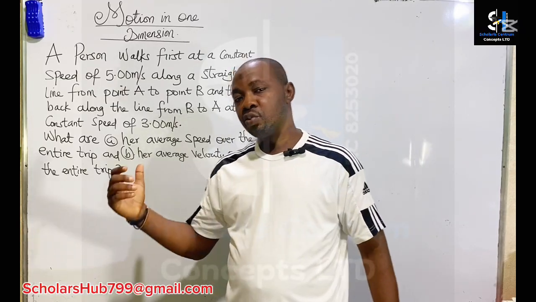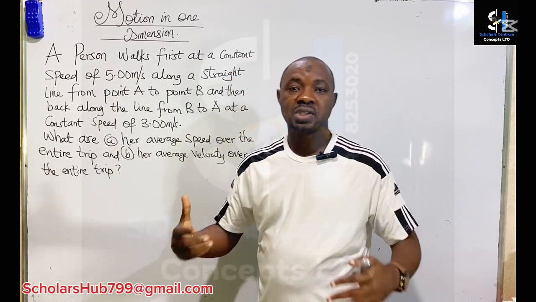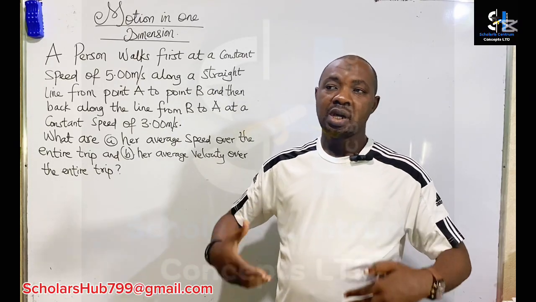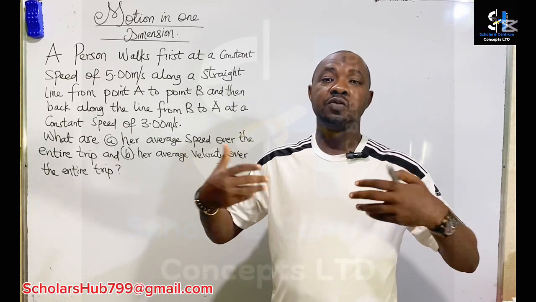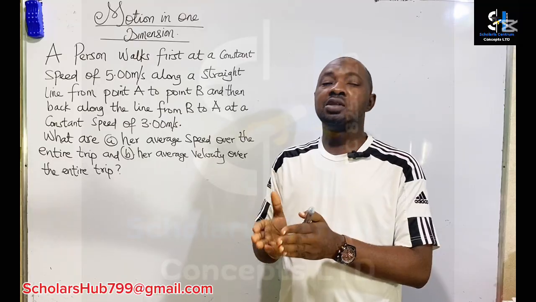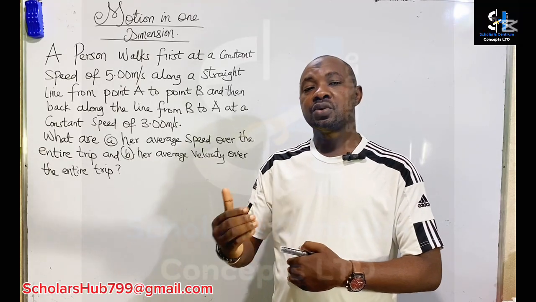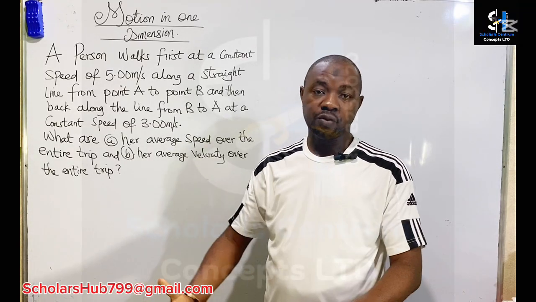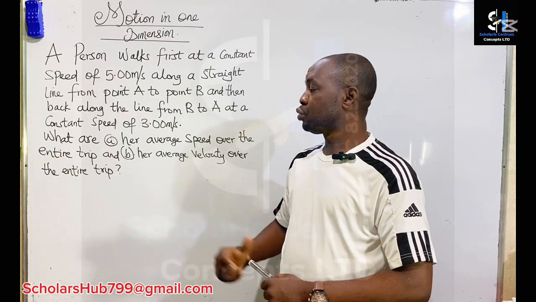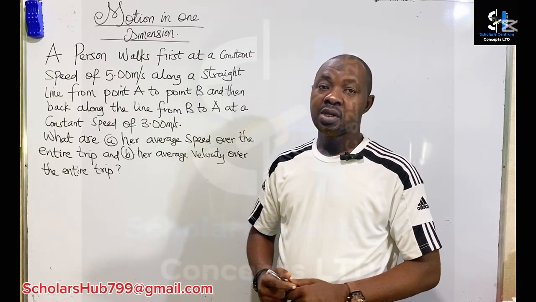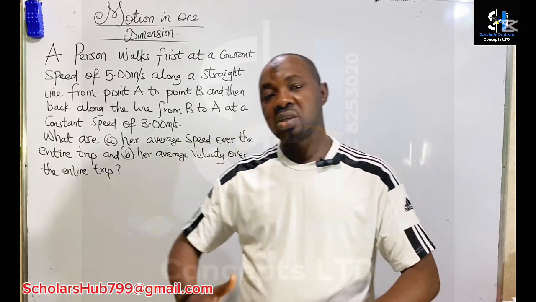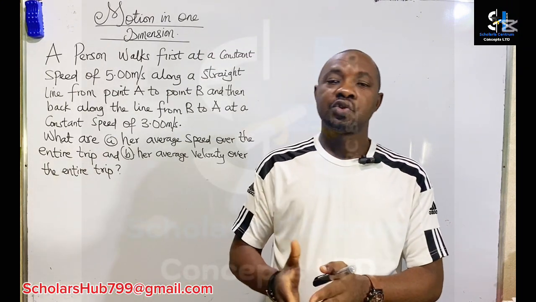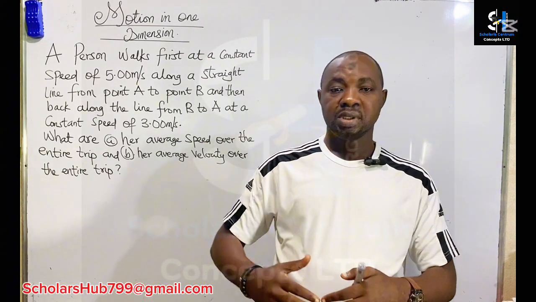Speed tells us how fast a body is moving without taking into consideration the direction along which the body has moved. But velocity tells us how fast a body is moving and the direction along which it is moving.